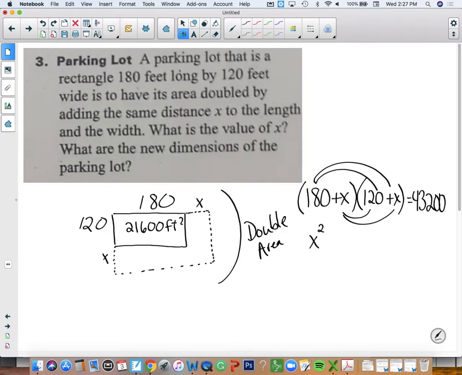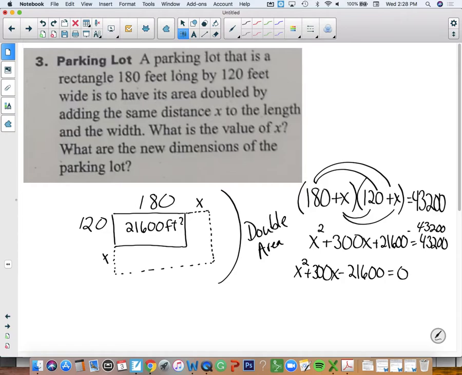So you're going to have x squared, 120 and 180x, so that's 300, so plus 300x, and then we'll get 21,600 equals that 43,200. Okay, now we need to put everything on the left. x squared plus 300x. And when I move that 43,200 over, I get a negative 21,600 equals 0.